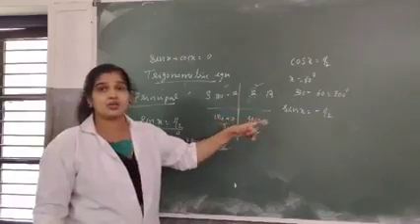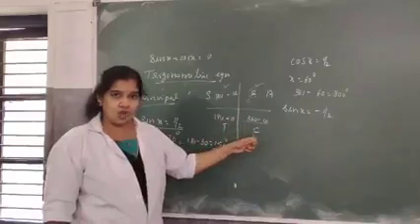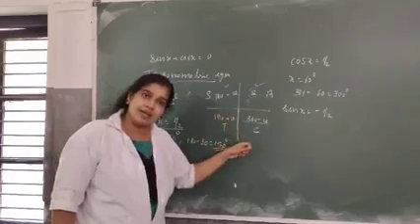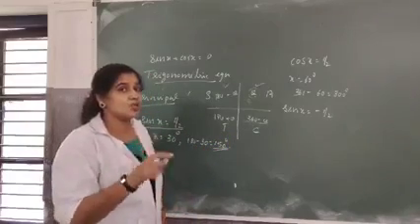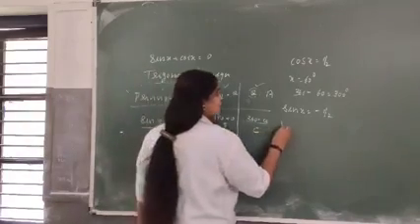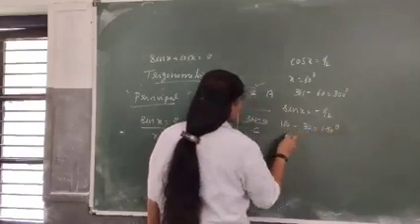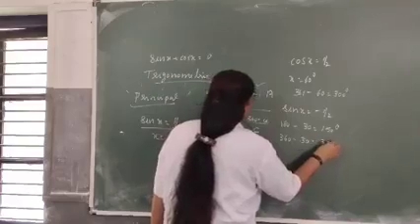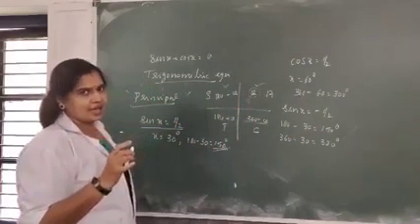Sine x is negative, so our principal solution lies in the third and fourth quadrant, that is 180 plus theta and 360 minus theta. Theta is equal to 30. Then our principal solution is 180 plus 30 equal to 210 degrees, or 360 minus 30 equal to 330 degrees. Have you got an idea?